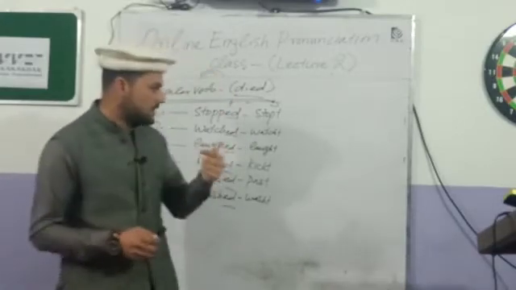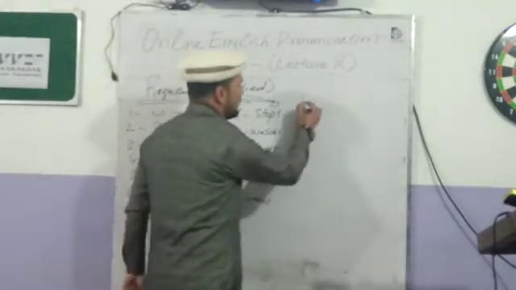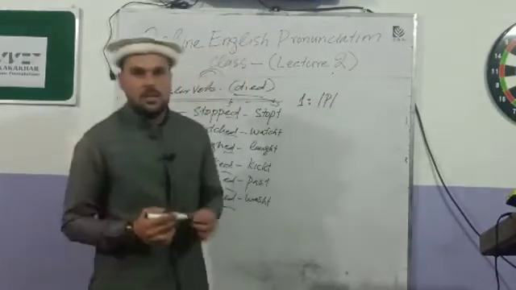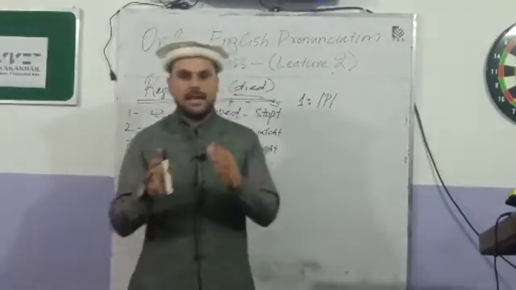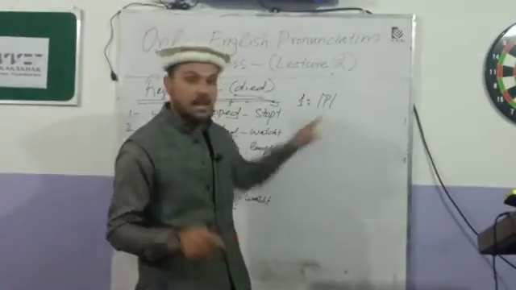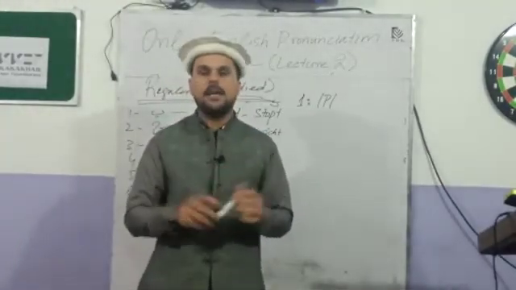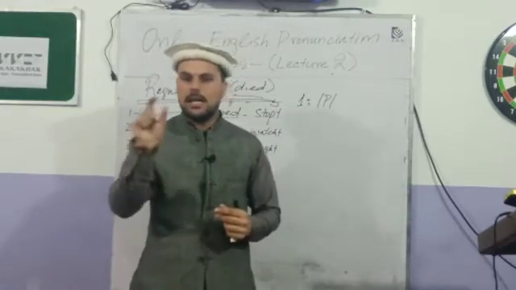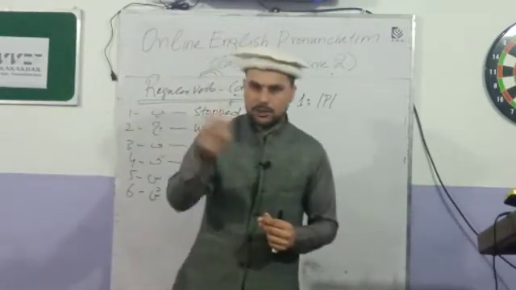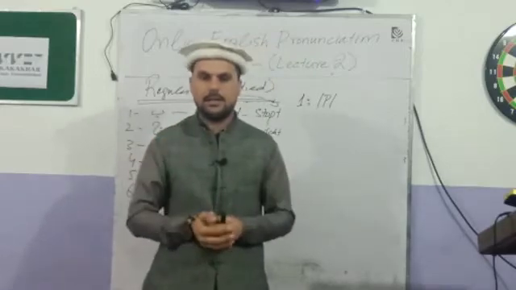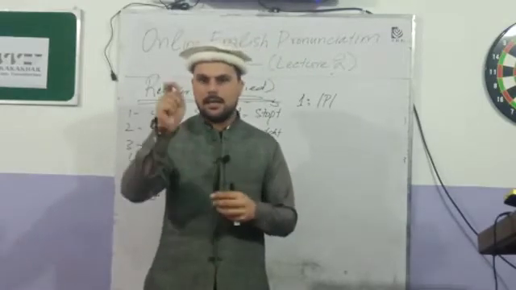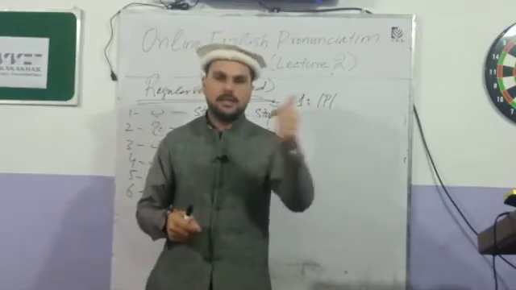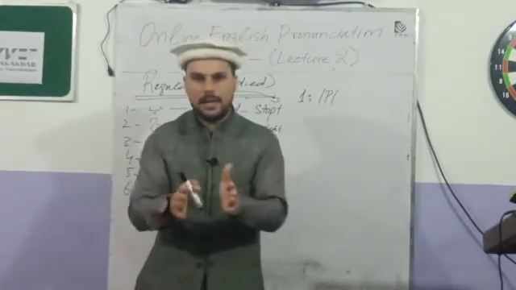First, we talked about the p sound. As I told you, this is the symbol for p. It has 2 sounds, the aspirated and the unaspirated. As I explained yesterday, it has 3 positions: it comes at the initial position, in the middle, and at the final position.